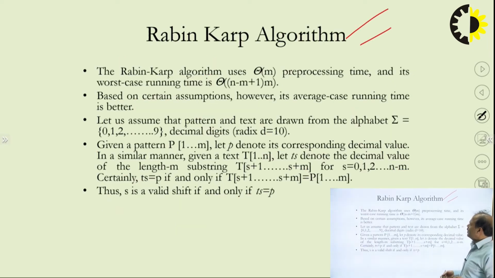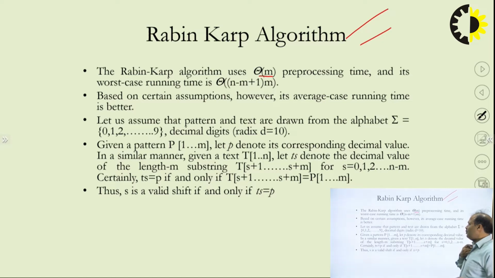In 1987, Rabin and Karp introduced another category of algorithm, which has almost the same running time, but there is a pre-processing time of big theta m, because the pattern has to be pre-processed, unlike the naive algorithm where the pattern need not be pre-processed.